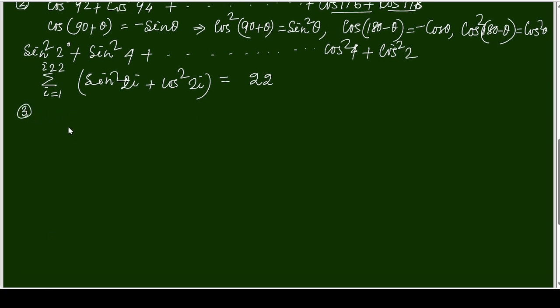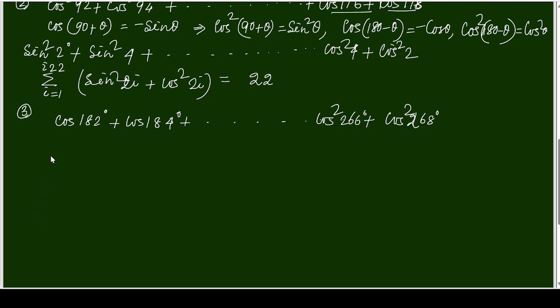Series 3 equals cos 182 plus cos 184, 270 I have already taken. So cos square 268, and before that cos square 266.